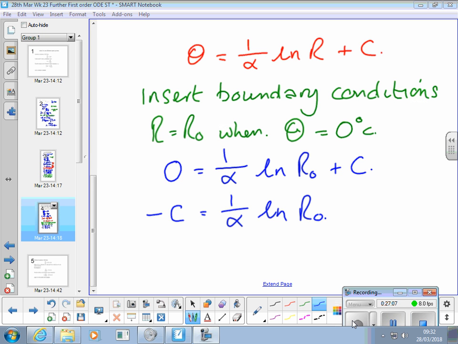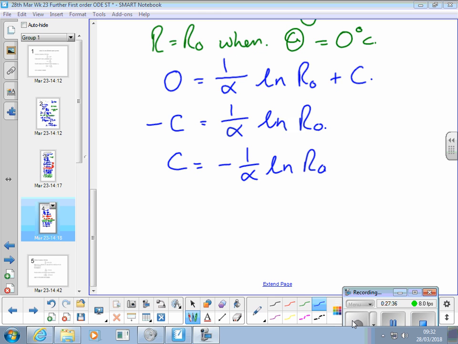So what is C? Must be minus all that lot, mustn't it? C is equal to minus 1 over alpha ln R0. We effectively just multiply both sides by minus 1.